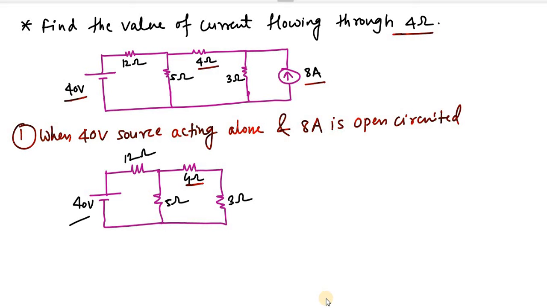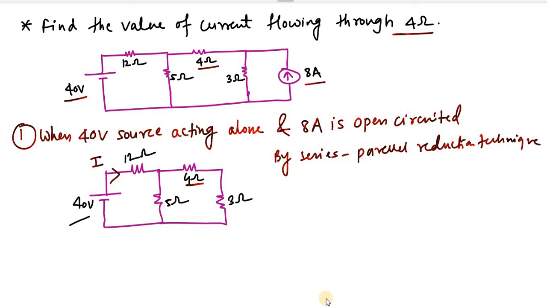We will find it by the current division rule. First we have to find the total current in this circuit, that is I. We will find it by the series parallel reduction technique.